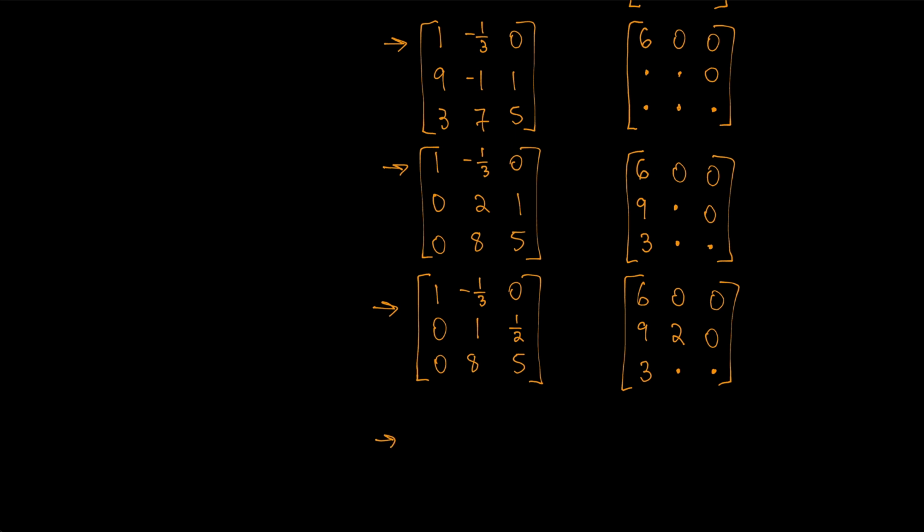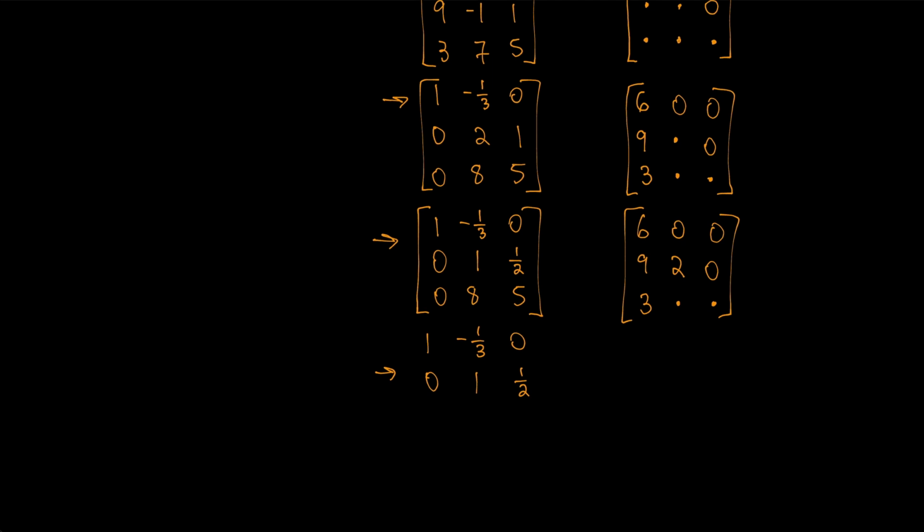Okay, so I've got 1, minus 1/3, 0 still. I have 0, 1, half still. Let's see if we can get, how about a 0 over here, and I can get a 1 over here. Because if I subtract off 8, then it's 2 birds with 1 stone.